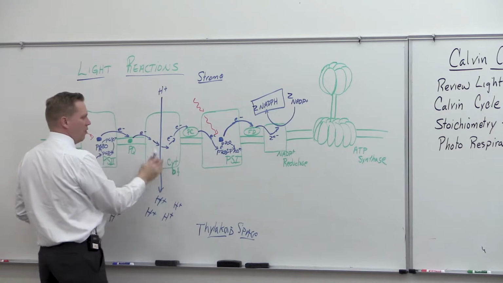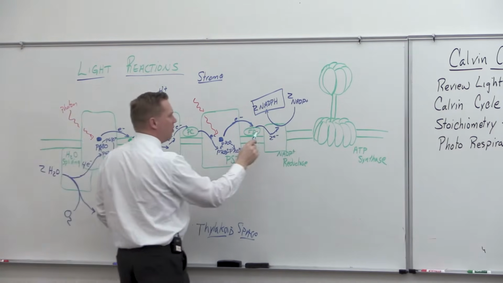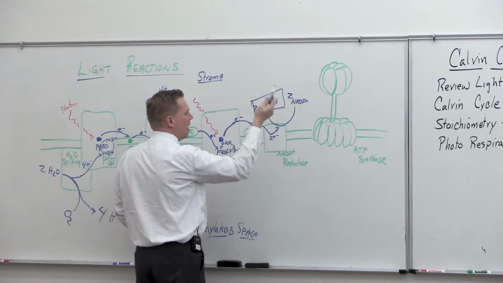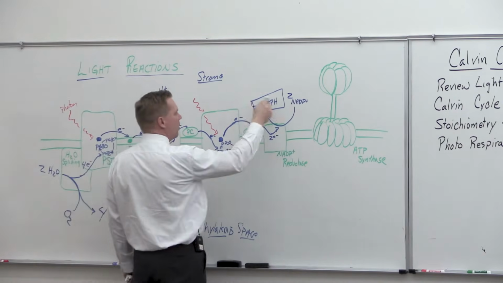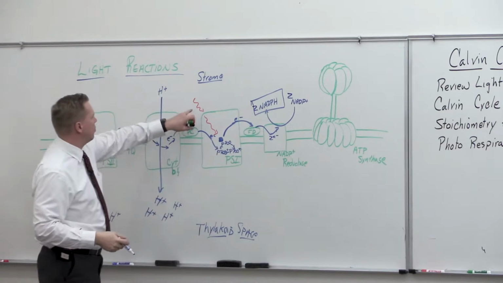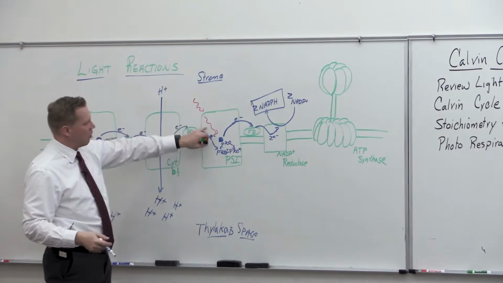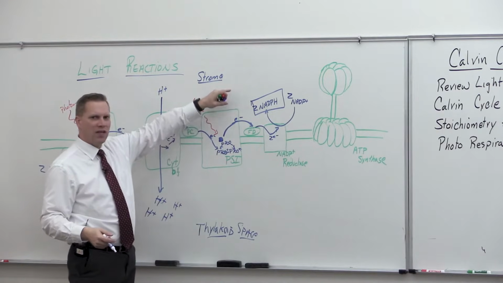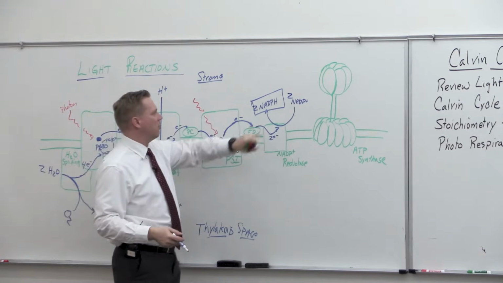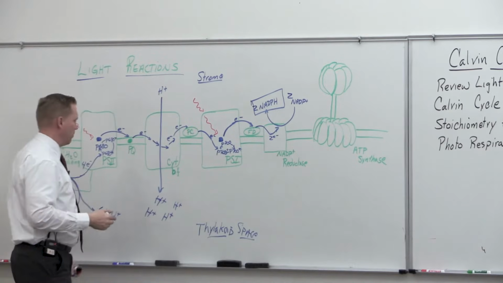So that's the first thing we've done, is pump protons. And the other thing we've done is we've created this NADPH, which actually is a high energy molecule. We took the sunlight, the energy of the sun powering these electrons, kicking them up, and allowing them to land on NADPH.